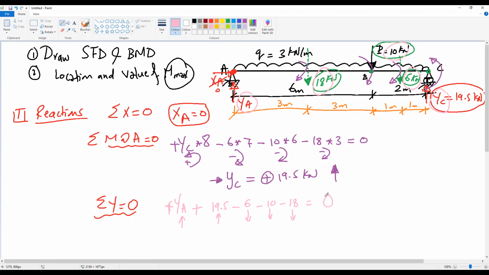All together this should be 0. From this equation, we can find that YA equals 14.5. So the reaction at A is 14.5 kilonewton. The positive sign means this reaction is going up.